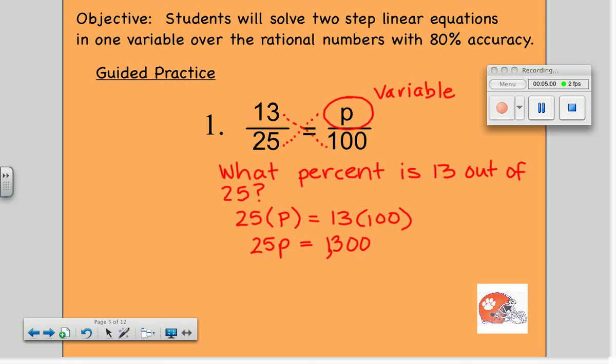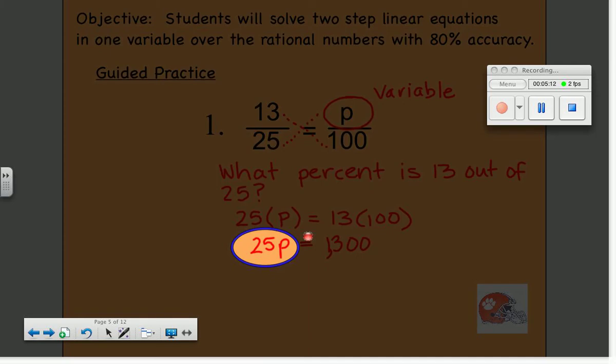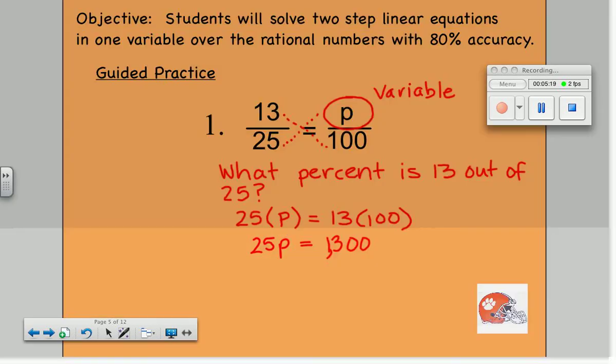The inverse of multiplication is division. So we need to divide. How much we divide by depends on how much you're multiplying by. I am multiplying by 25. Since I'm multiplying the variable times 25, that's how much I have to divide by. So I'm going to divide by 25 here.